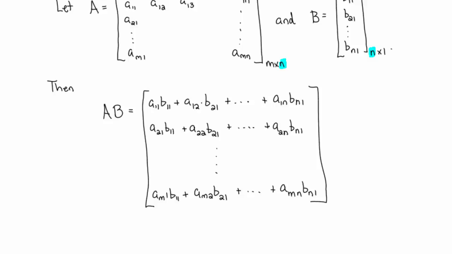Actually, that first row there is just a sum of things. It's only one element. You just add those up. It's a single element in that first row. Same thing with the second row, all the way down to the mth row. So this matrix has m rows, but it only has a single column. And notice those outer dimensions of the original matrices were m by 1, and that's literally what our answer is going to be, an m by 1 matrix.